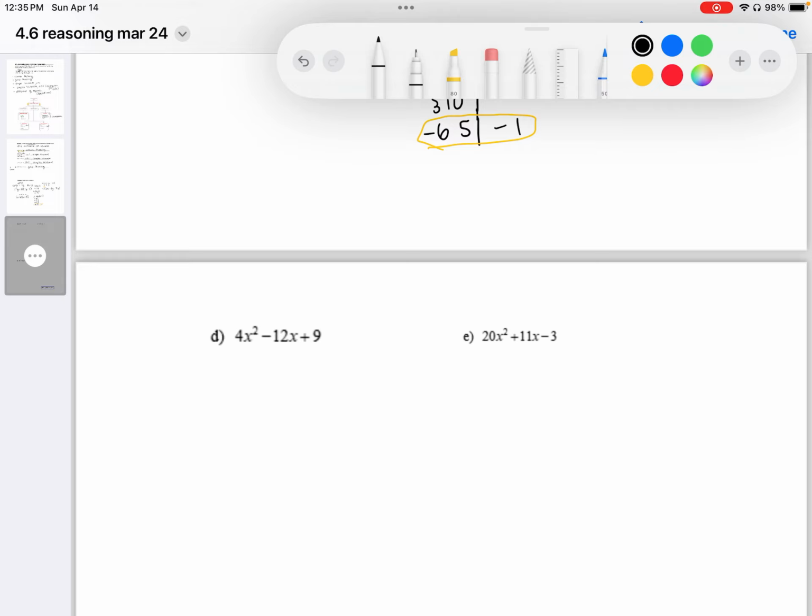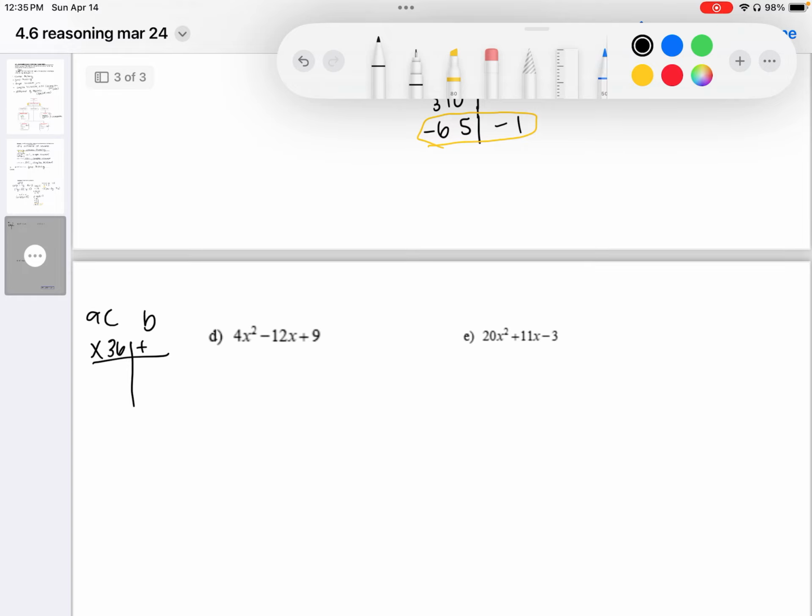Okay. So I need two numbers that multiply to AC, which is 36, and add to B, which is negative 12. Okay, so again, 36 has quite a few factors. 1 and 36, 2 and 18, 3 and 12.